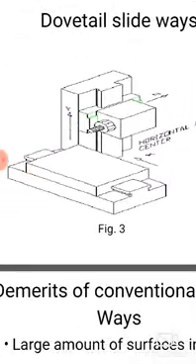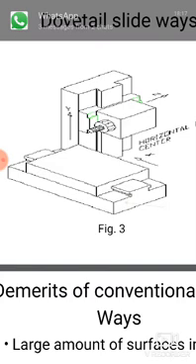Dovetail slideways are preferred when the location of the moving part is considered essential, whether moving the tool or the workpiece. They are generally used for milling machines: milling machine tables, saddles, and knees.